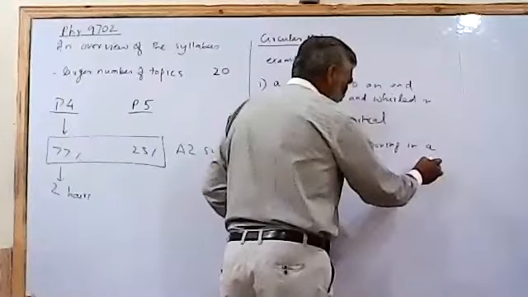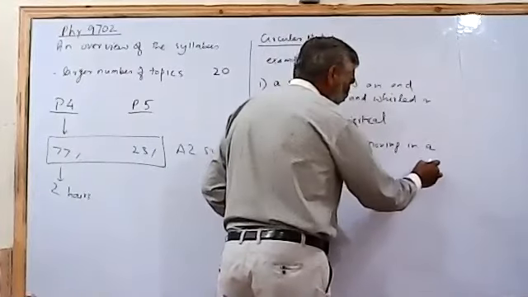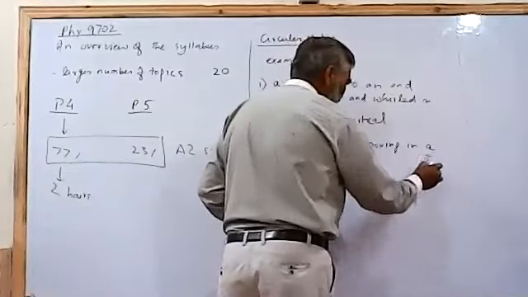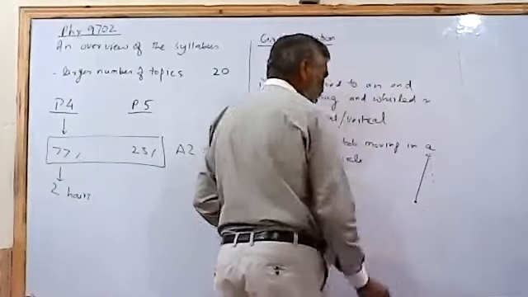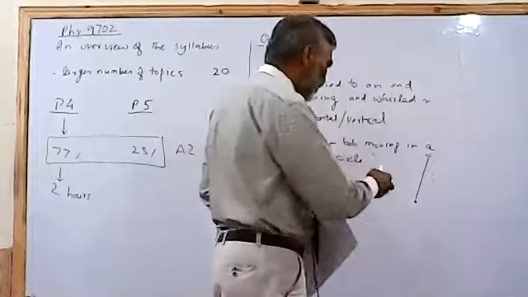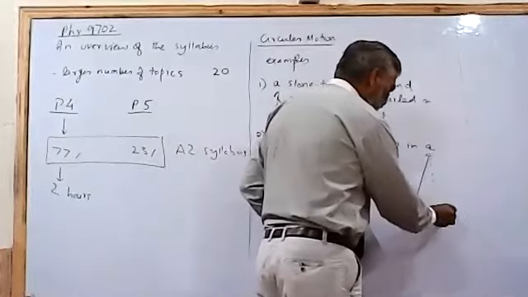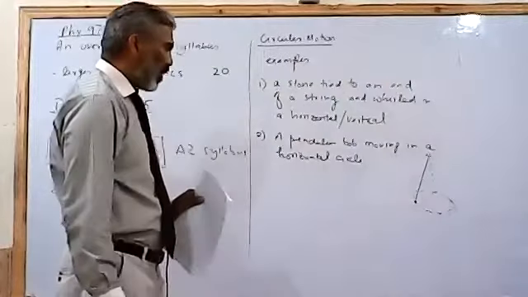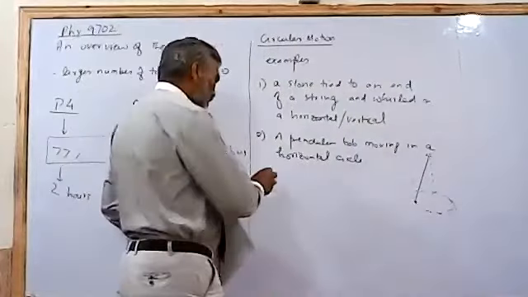Which means if you suspend a bob from a support like this and you push it away from you or towards you, it starts moving in a circle in this manner. So this is a pendulum bob moving in a horizontal circle.